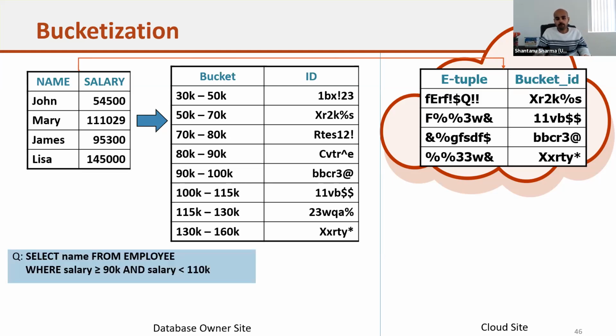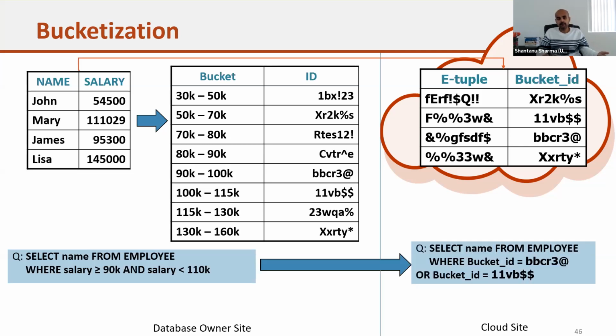Now, whenever a query comes, suppose this is the query: fetch all the employee details, or employee names, where the salary is greater than 90K and less than 100K. I need to find which buckets I need to fetch. I will convert this, first find the bucket IDs, and then fetch all the buckets that satisfy my query.